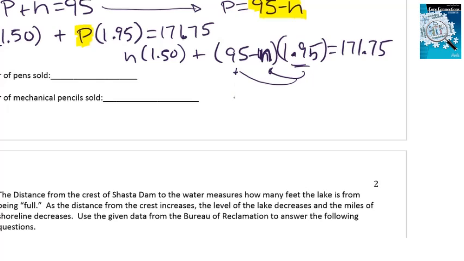This equation would become, and I'm going to switch the orders here a little bit, 1.5 N plus, let's see, if I multiply 95 times 1.95, I believe I get $185.25, and then minus 1.95 N also, right?